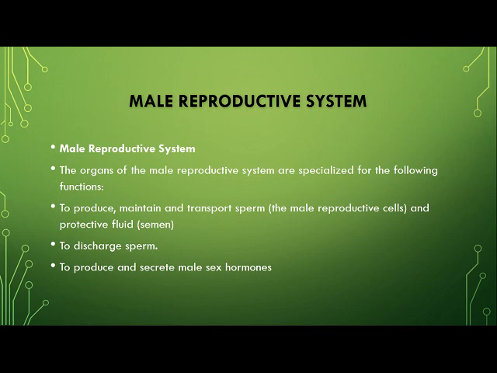Second, it helps in discharging the sperm. And third is to produce and secrete male sex hormones, which are known as testosterone. This testosterone is responsible for the development of male characters in boys.